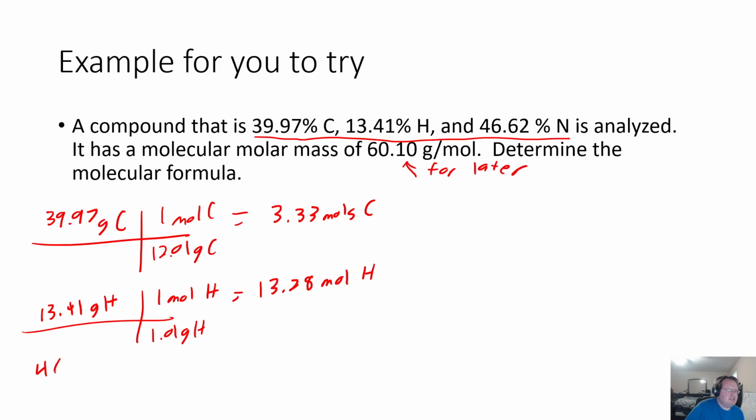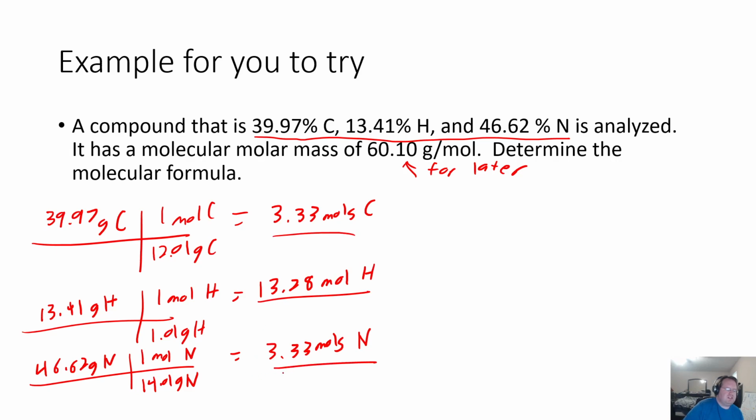And then finally, 46.62 grams nitrogen. You've got 14.01 grams nitrogen per 1 mole nitrogen. 46.62 divided by 14.01. That's going to give 3.33 moles nitrogen. So now I divide all 3 by the smallest number, which in this case is 3.33 moles. 3.33, 3.33.